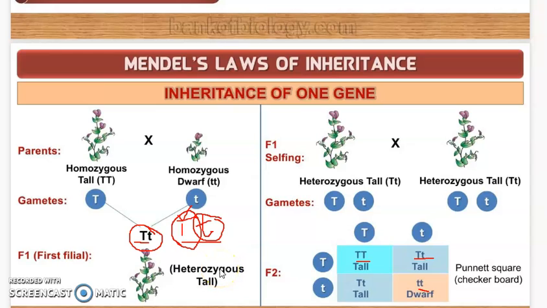So it is called a monohybrid. Why is it called a monohybrid? It is a hybrid that is heterozygous with respect to a specific gene. As it has the genotype capital T, small t, they are dissimilar. That is why it became a hybrid, and it is called the monohybrid cross.